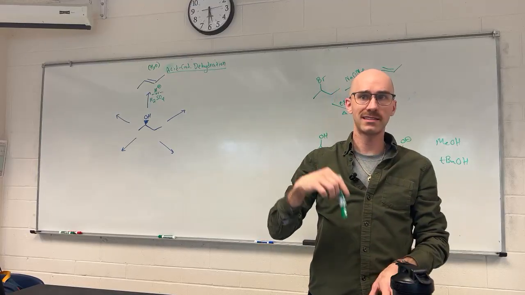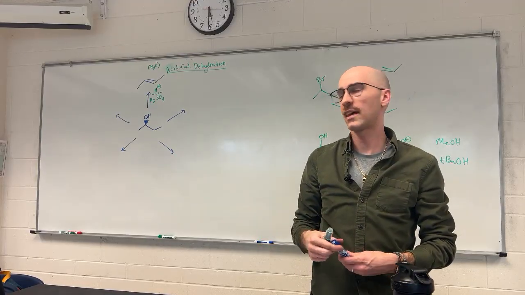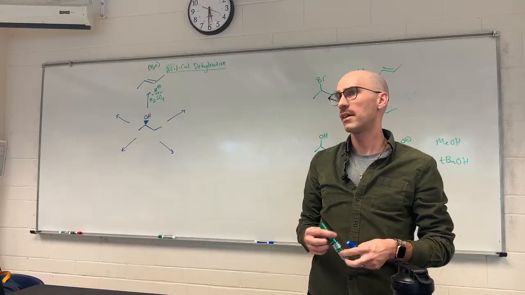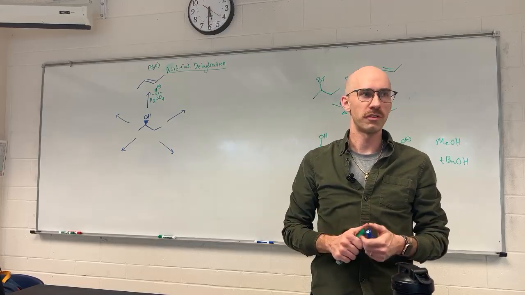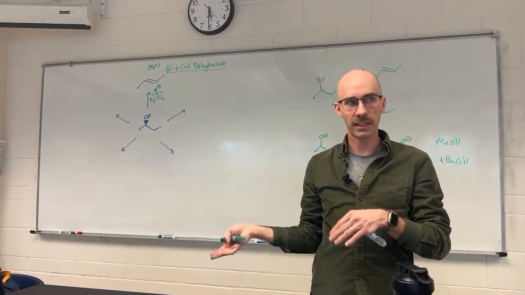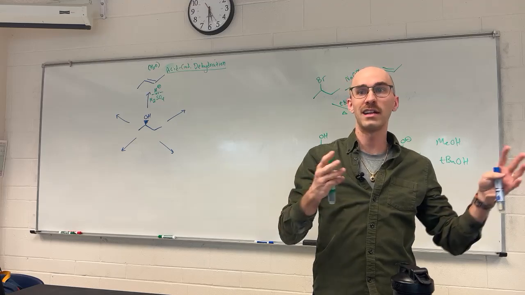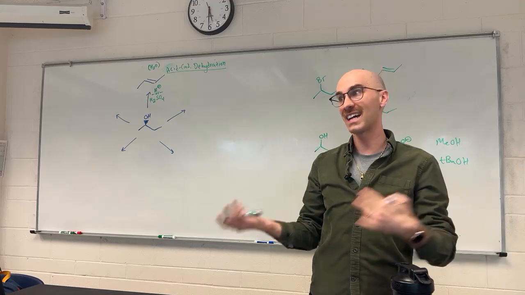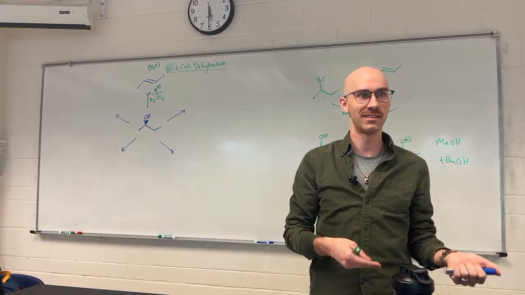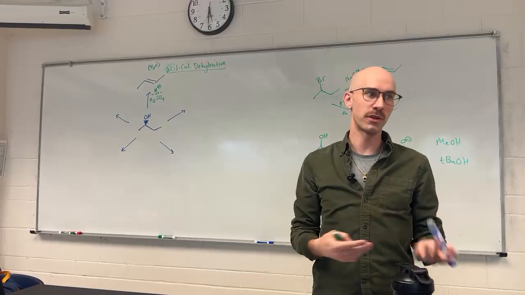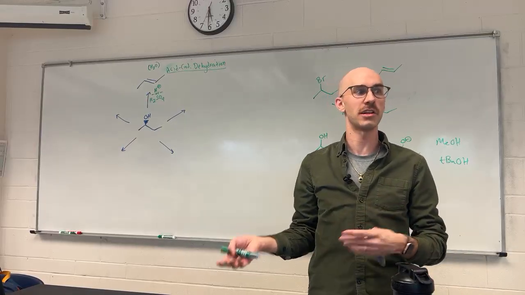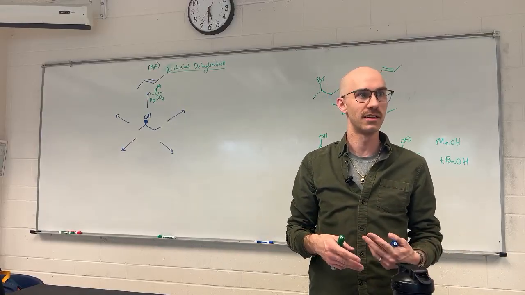But back in section 7, right before the unit test, we learned that alkenes react with water and acid to do acid-catalyzed hydration. So we're in equilibrium between acid-catalyzed dehydration and acid-catalyzed hydration.